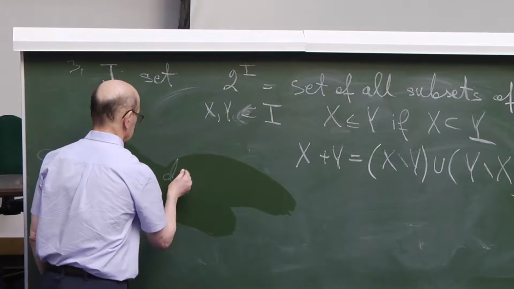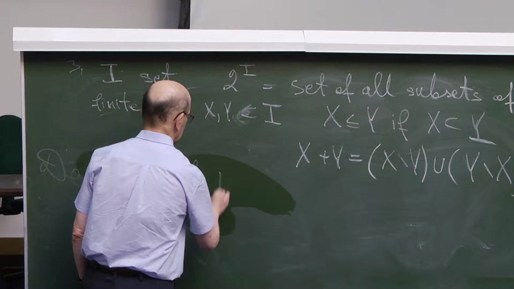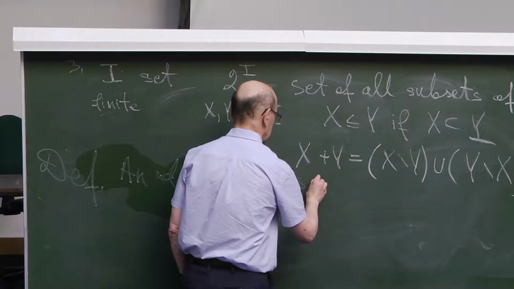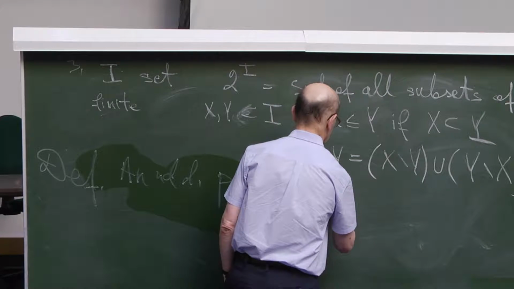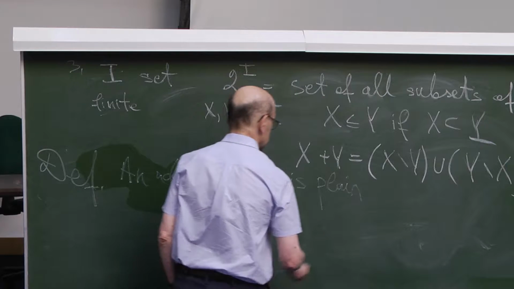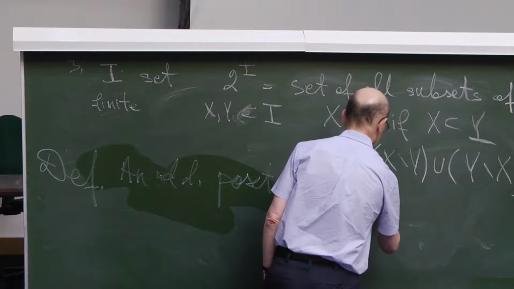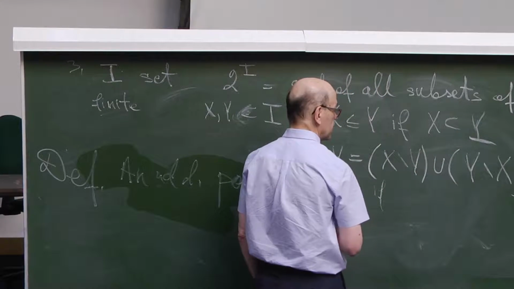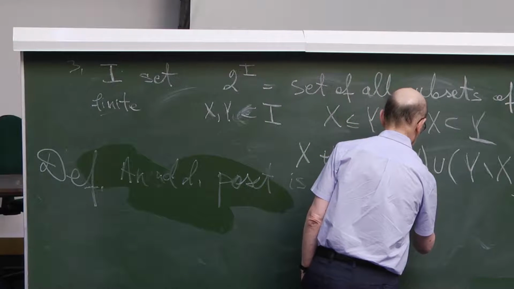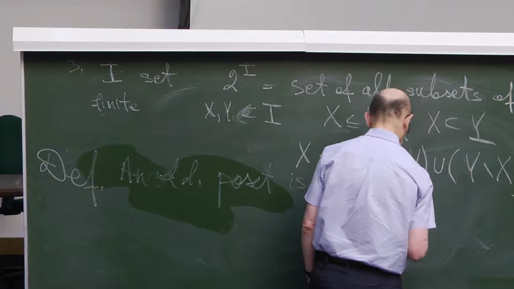An additive poset is plane if it can be obtained by this construction.